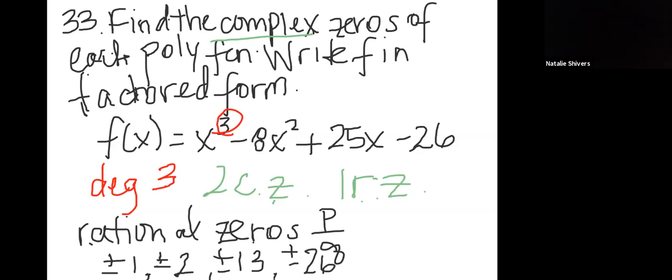When I look at my graph on the calculator, I'm not going to do it here, but we've done enough practice at this point. You see that you have a zero at 2. If your zero is not within the regular window, now you know to expand because it could be at 13 or 26. Okay, so we know that x minus 2 is a factor.